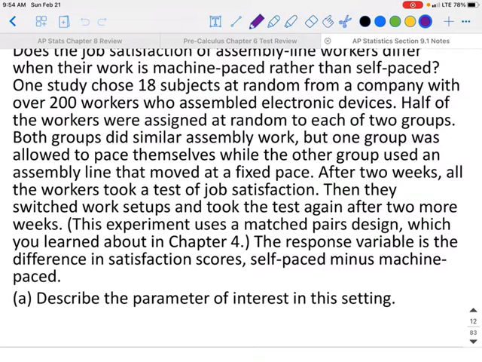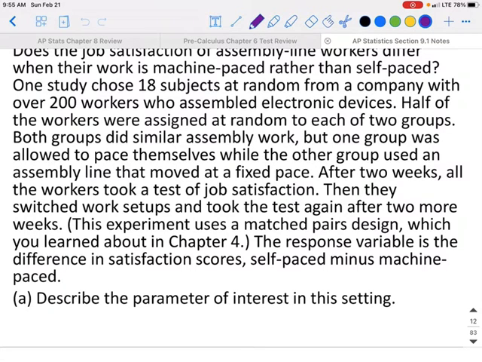This experiment is an example of a matched pair design, which we talked about in Chapter 4. So we're going to compare just one worker's test results after having a fixed pace with their test from the self-paced, and we'll do that for each individual worker. This is why it's a matched pair design.